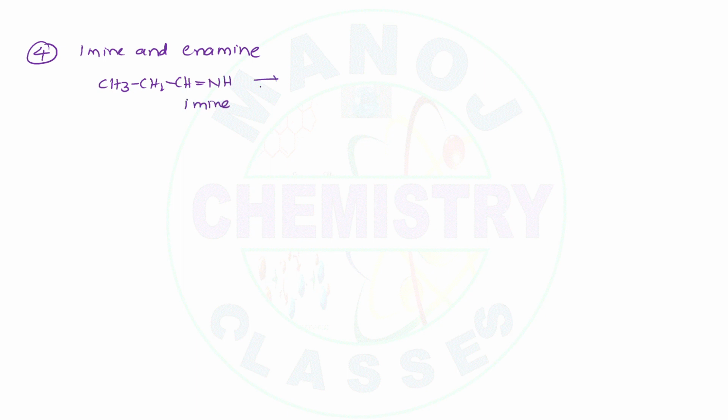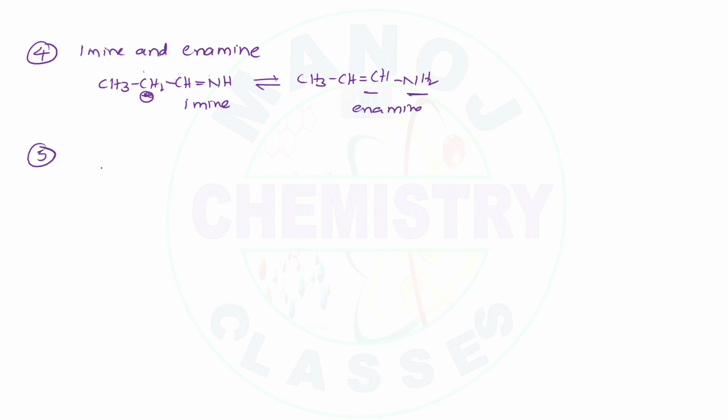So this imine will be formed into enamine, CH3 CH double bond CH single bond NH2. Enamine means here amine, here ene. The proton present here will be transferred to here, 1, 2, 3. Hence it is a 1,3 system.